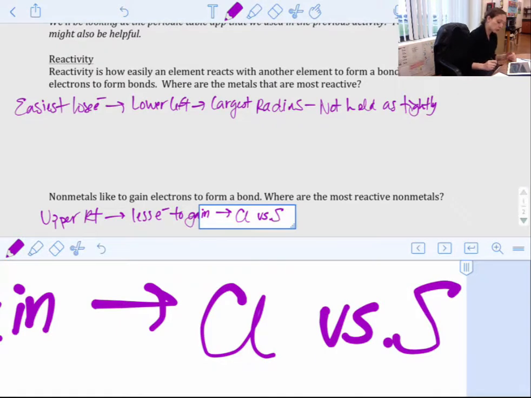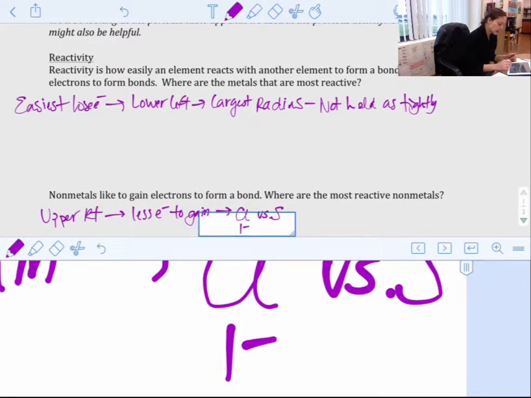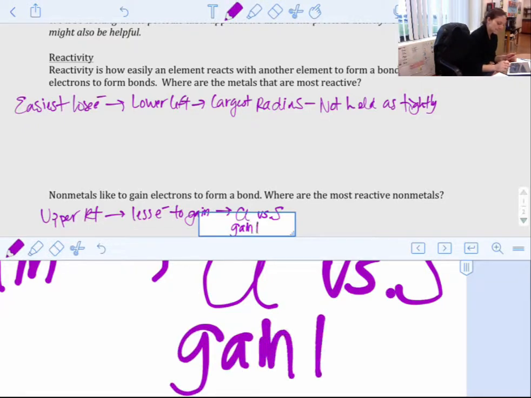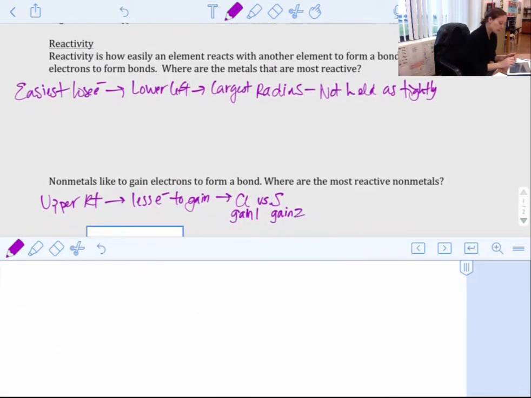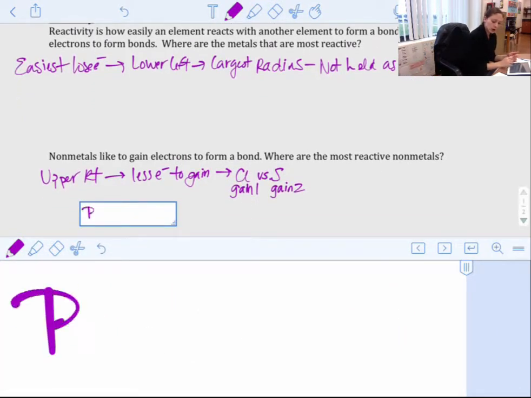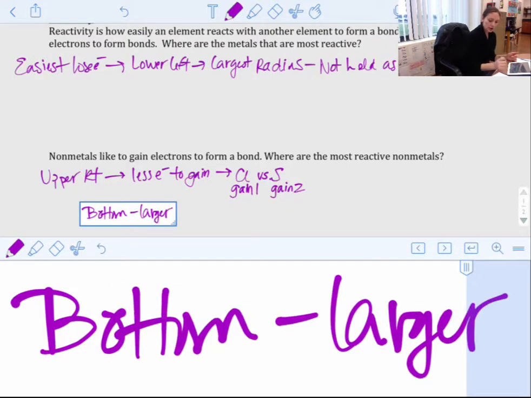So I talked about chlorine versus sulfur there: gaining 1 electron versus one that has to gain 2 electrons or more. And then I talked about size: at the bottom, they are larger and interact not quite as well.